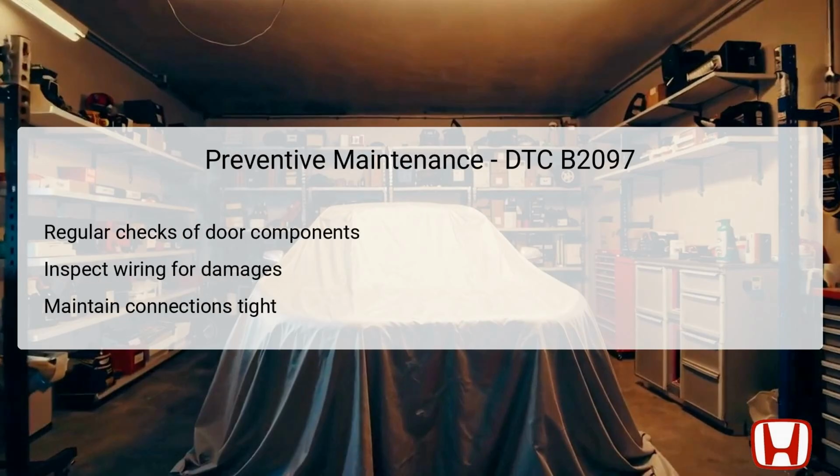Preventive maintenance is essential in ensuring the longevity and reliability of the child lock system in your Honda Odyssey. Regularly checking the door components, including the right child lock switch and the associated wiring, can help identify potential issues before they escalate. Inspect the wiring for any signs of wear, damage, or corrosion, which could lead to intermittent issues and failures.